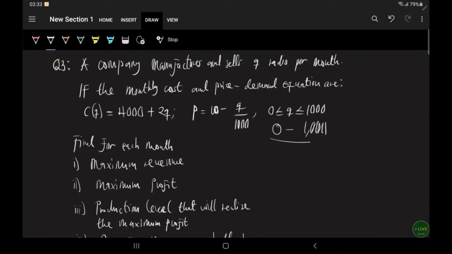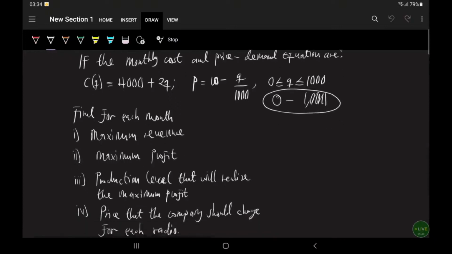That is the range you can produce as a company. We are asked to find, for each month: I, the maximum revenue; II, the maximum profit; III, the production level that will realize the maximum profit; and IV, the price that the company should charge for each radio. I believe that is clear.